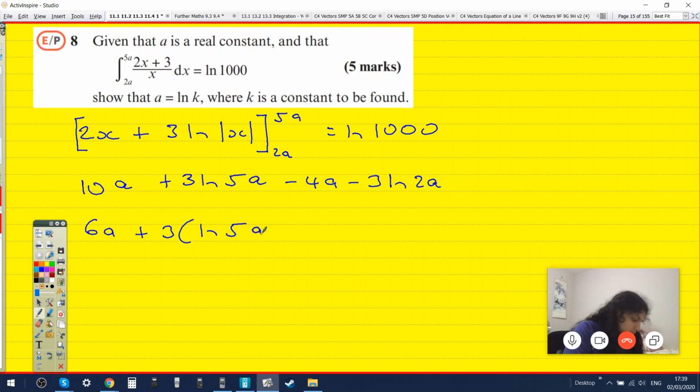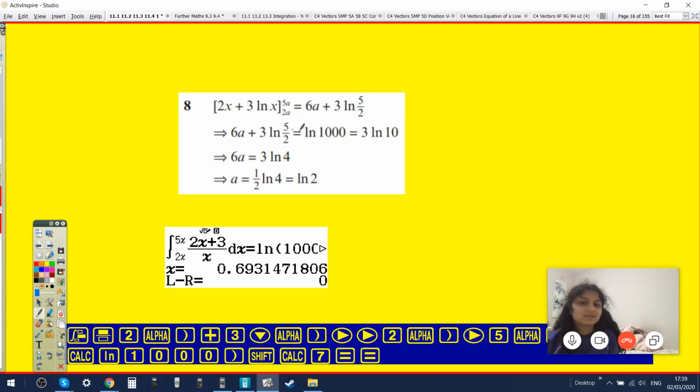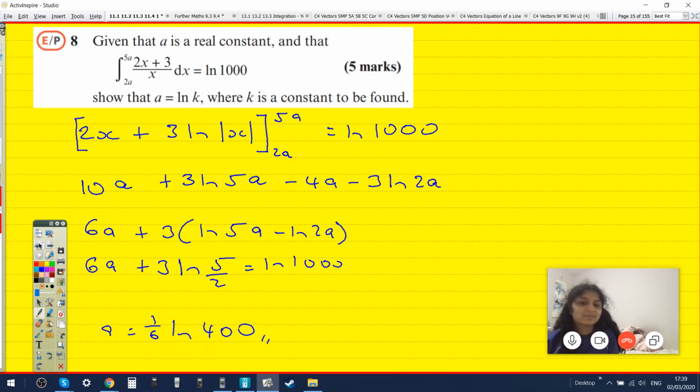So what's 1000 divided by 6, 8? Okay, I got a is equal to 16 ln 400, which might be wrong. It looks really wrong.